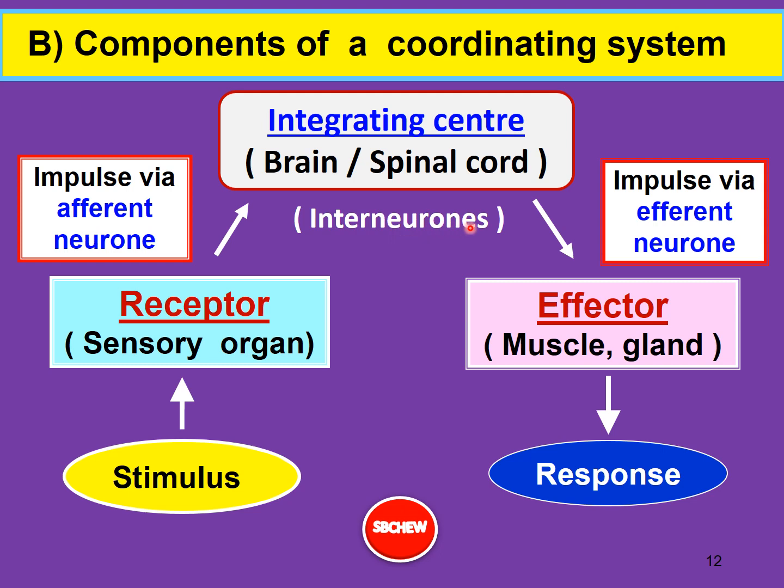The interneurons will then transmit the impulse to the efferent neuron. Now we're going to look at examples of how to explain the transmission of impulse, the pathway from the detection of the stimulus to the production of the response.